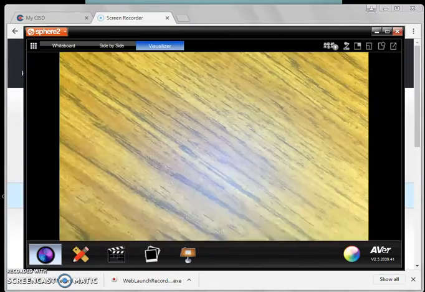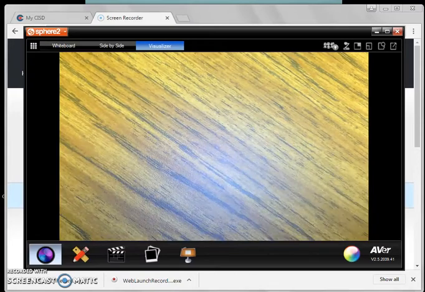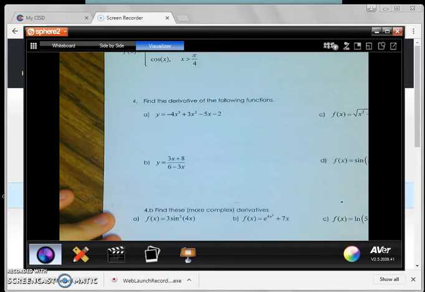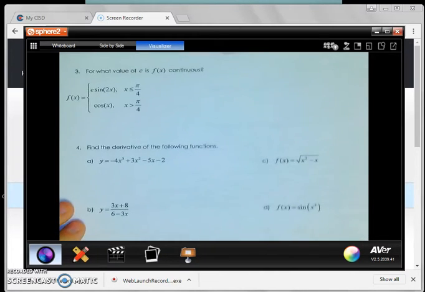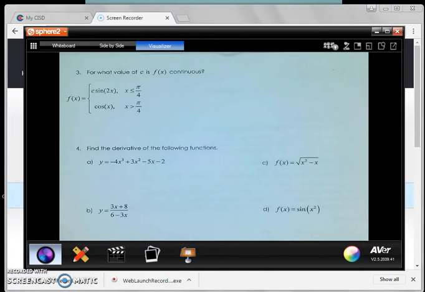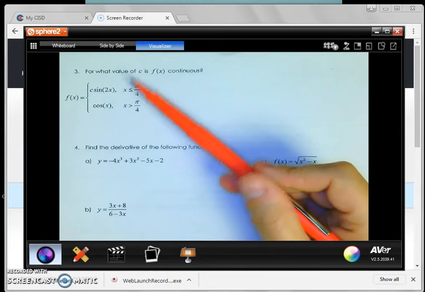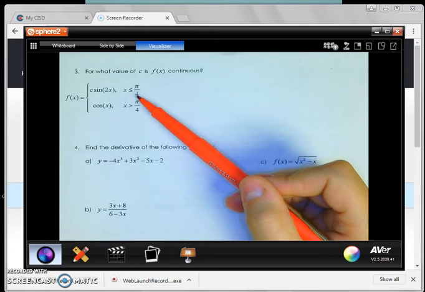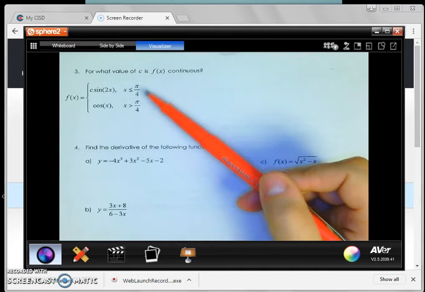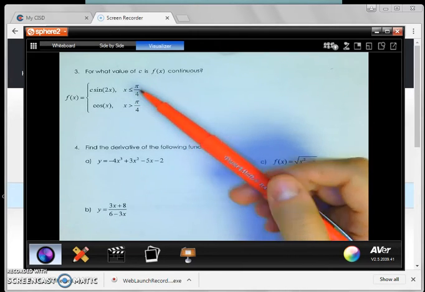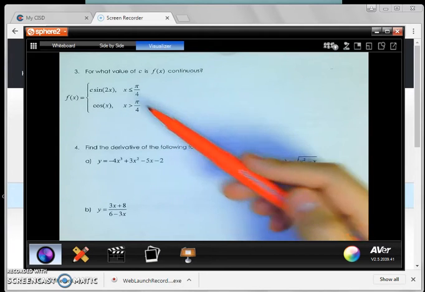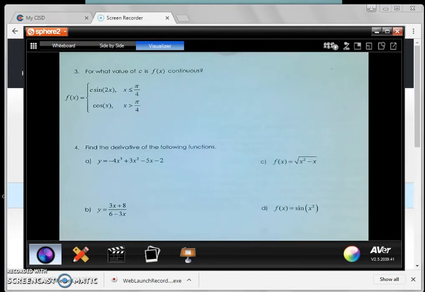All right, so we'll just flip. For what value of c is f of x continuous? Okay. So we want to find the constant that makes it continuous. So to be continuous, you have to evaluate, basically that's saying that f of pi over 4 exists, that the limit at pi over 4 of f of x exists, and that those two things have to be the same.